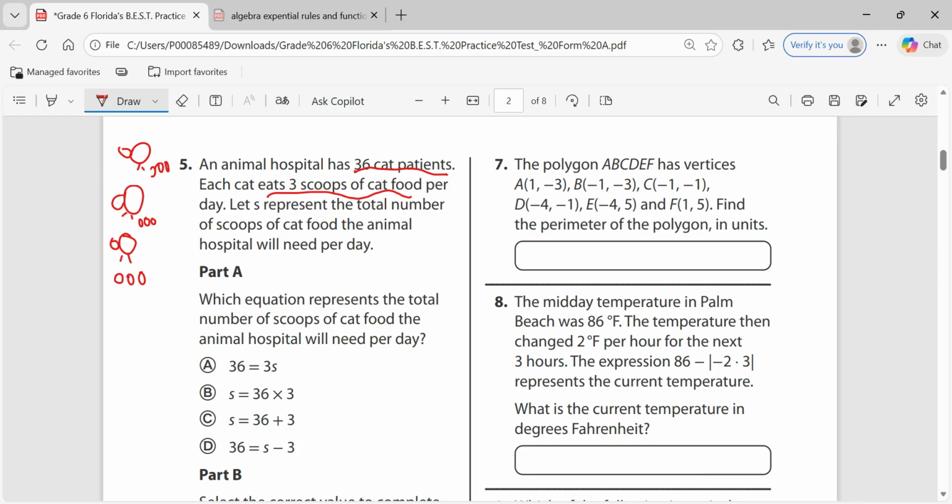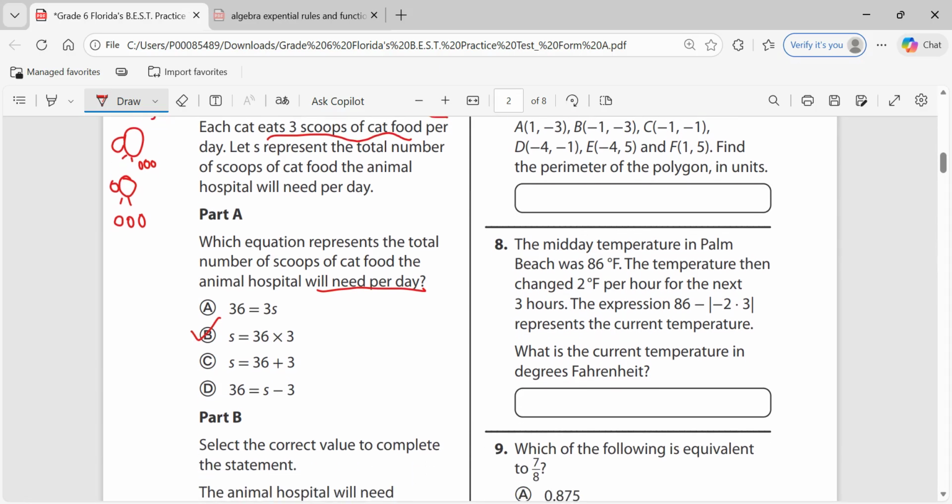That's multiplication, right? So then it says, which equation represents the total number of scoops of cat food the animal hospital will need per day? We just said that's going to be multiplication. So the amount of scoops they need will be 36 times 3 because every cat needs 3 scoops. So B is the equation that will represent that.